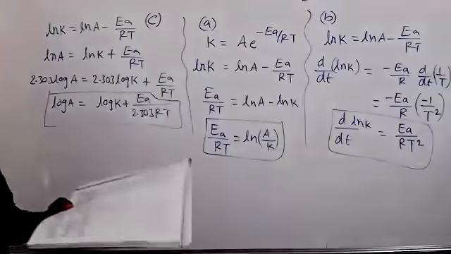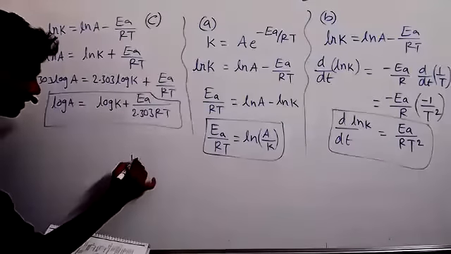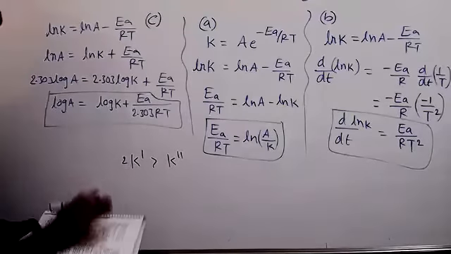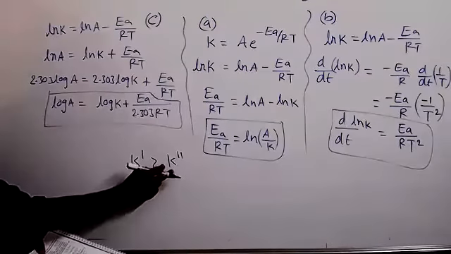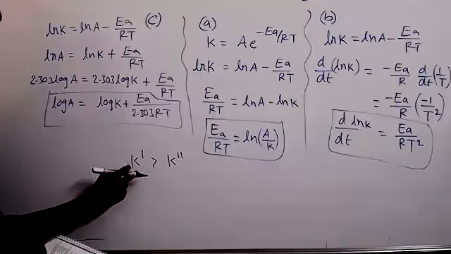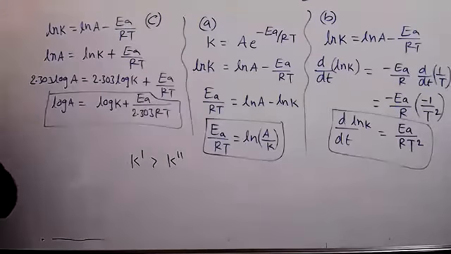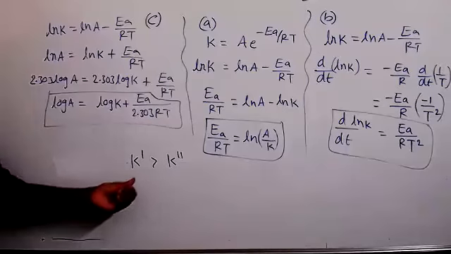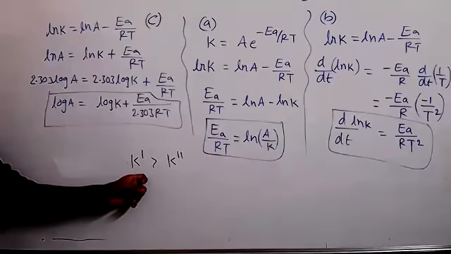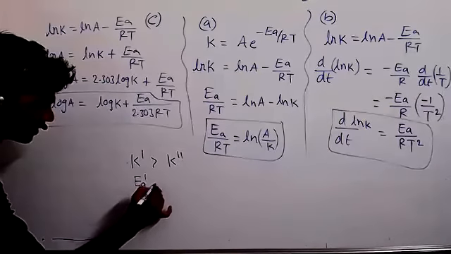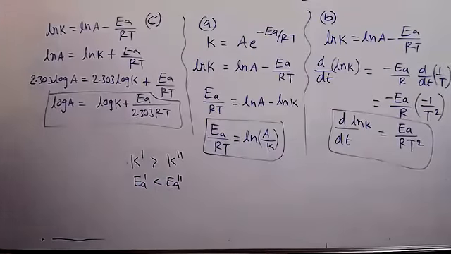Here K dash is greater than K double dash, so this one has higher or lower activation energy? K is inversely proportional to activation energy, so K dash higher means lower activation energy. So we may write Ea dash less than Ea double dash. So option D is correct.